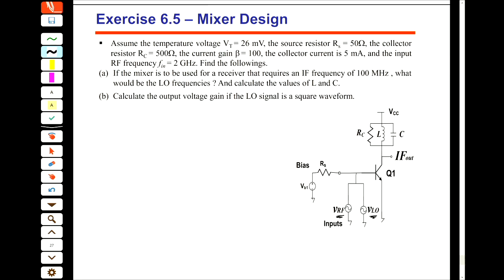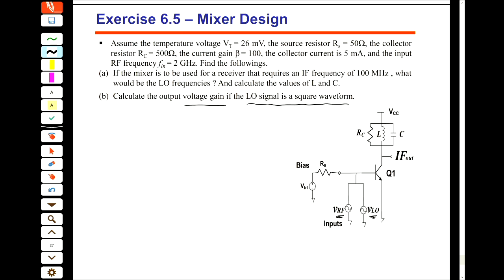And then again we want to find the voltage gain if the LO is a square wave. So we already know that LO is a square wave, and now we want to see what's the conversion gain or the voltage gain, because we apply the RF here and then we get the IF here, so it's conversion gain. Okay?